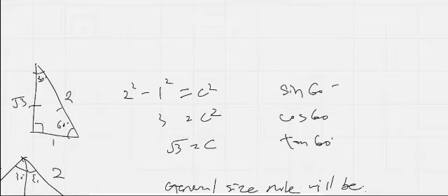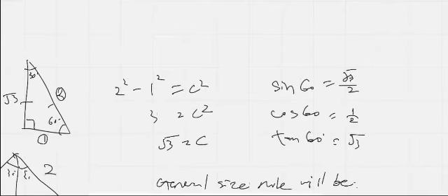And cosine 60 will be A over H, will be 1 over 2. And tangent 60 will be O over A, which will be root 3 over 1, which is just root 3. So now let's fill in the table.